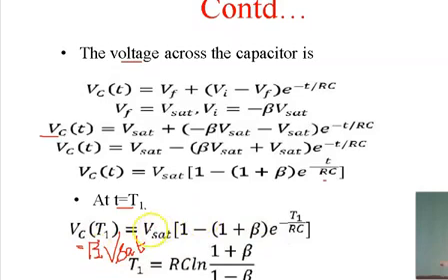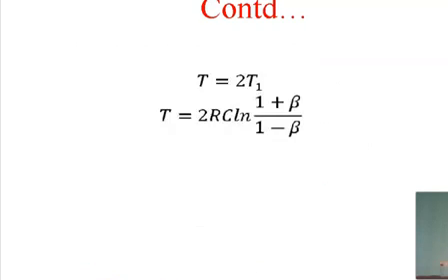Now simplifying this expression, we got the time period as T1 is equal to Rc ln of 1 plus beta by 1 minus beta. Now this time period we have calculated for half cycle. For the full cycle we have to find the time period, and it is nothing but T is equal to 2 into T1.